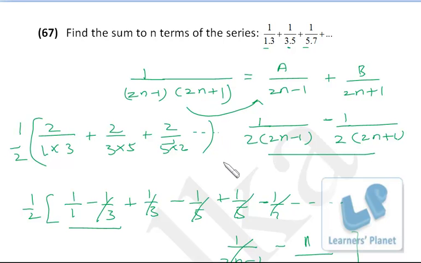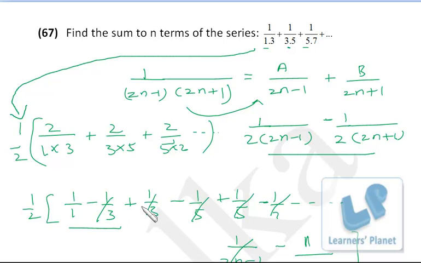Okay, so if we take 1 upon 2 as common, any term can be written as 1 upon 2n minus 1 minus 1 upon 2n plus 1. So if you put n is equal to 1, you will be able to get 1 upon 1 into 3. If you put n is equal to 2, you will be able to get 1 upon 3 into 5. So this expression can be written as this expression. After that, all the terms will be cancelled.